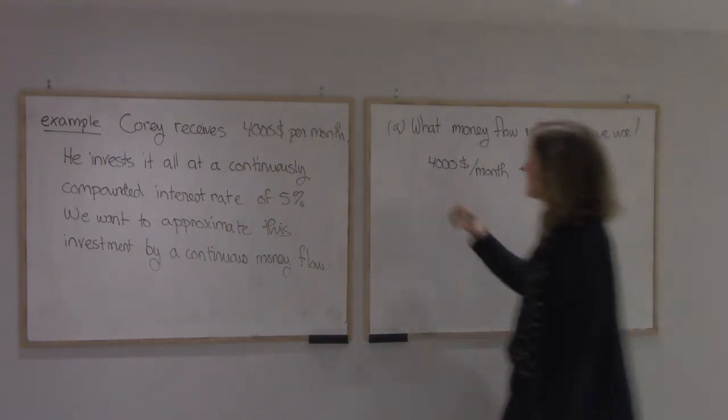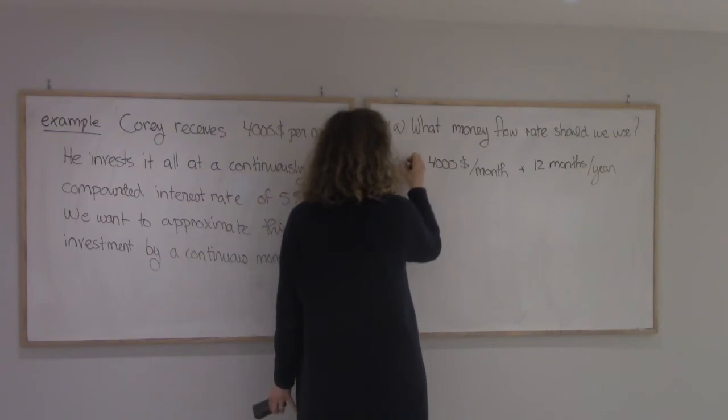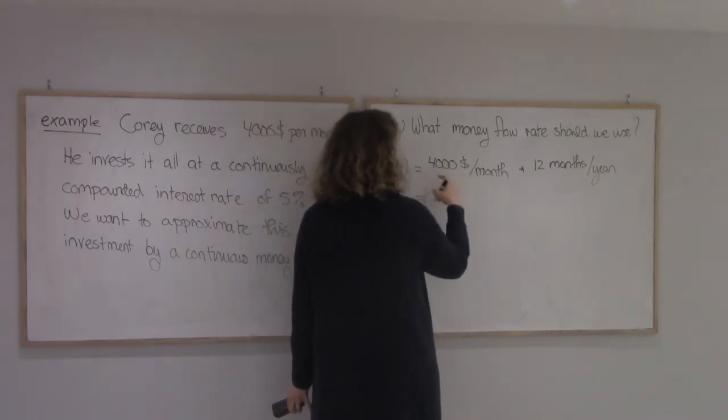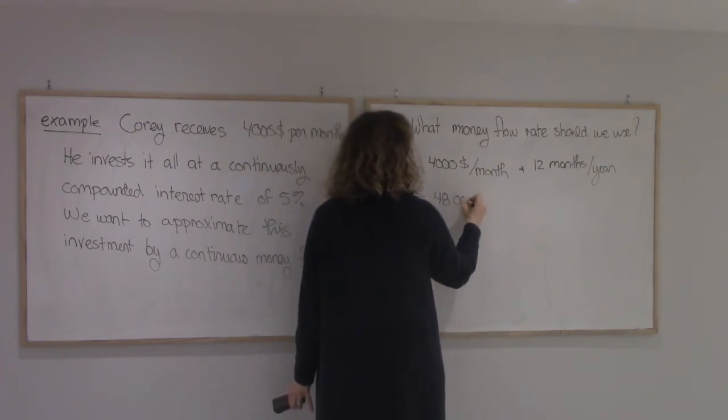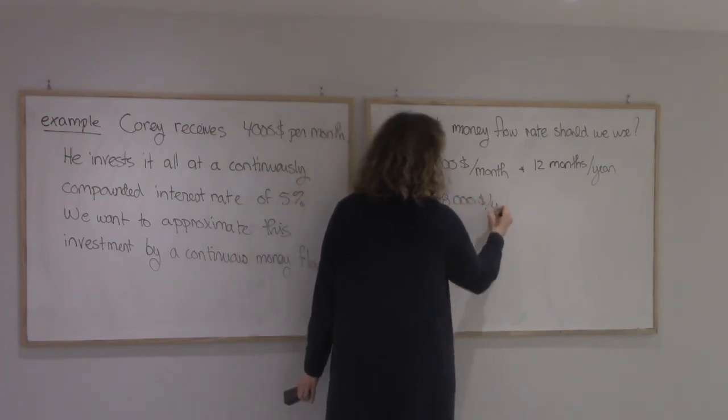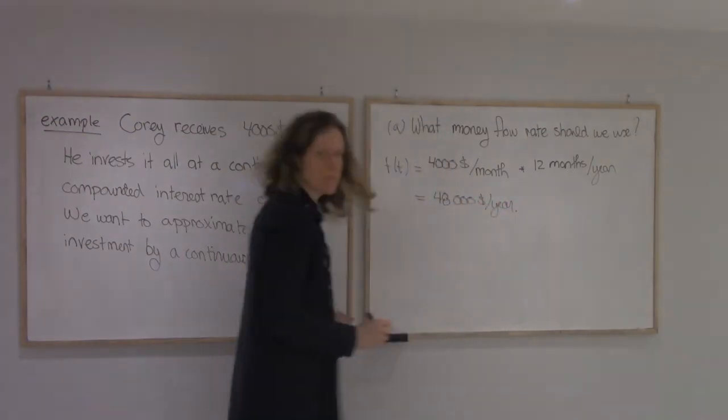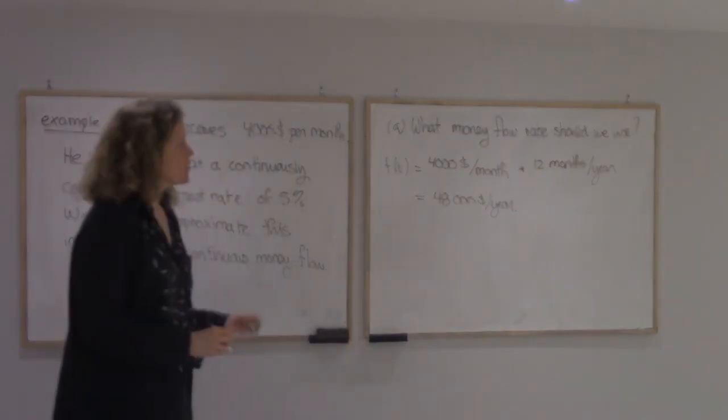And so that would be f of t. F of t would be $48,000 per year.